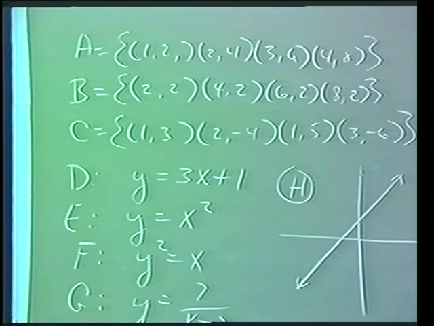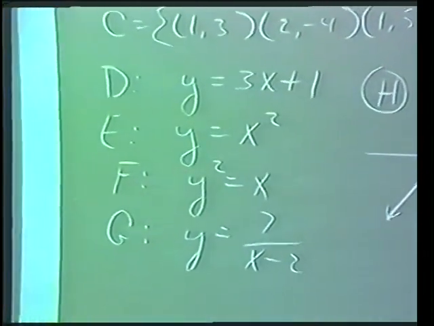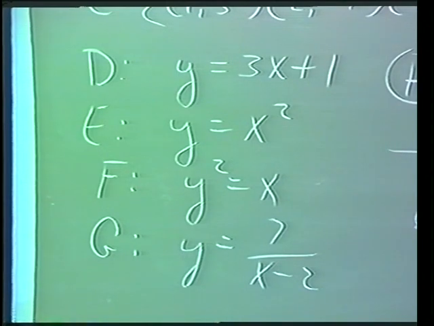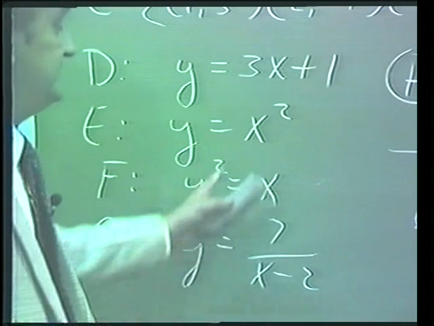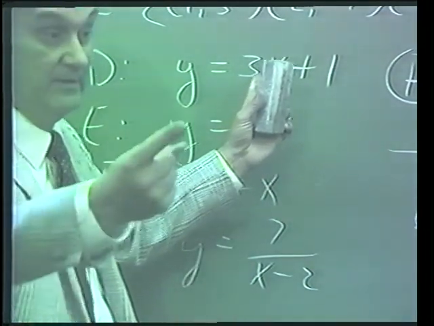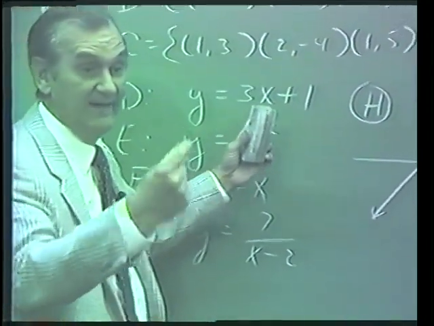Okay? We're down to D. Is D a function? Kathy, there's only one value for x. Is D a function? Yes. Because if I tell you x is 7, y is 22. One value. If x is 3, y is 7. One value.